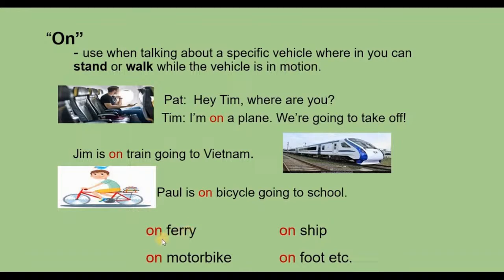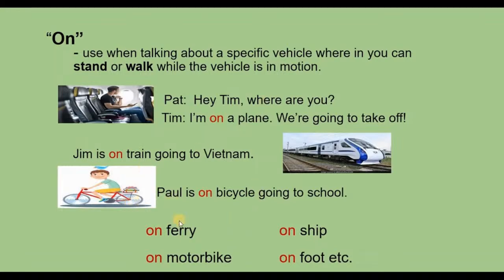And here: on a ferry, on a motorbike, on a ship, on foot, and others. Okay, so with these vehicles you can stand up and you can walk while the vehicle is in motion.